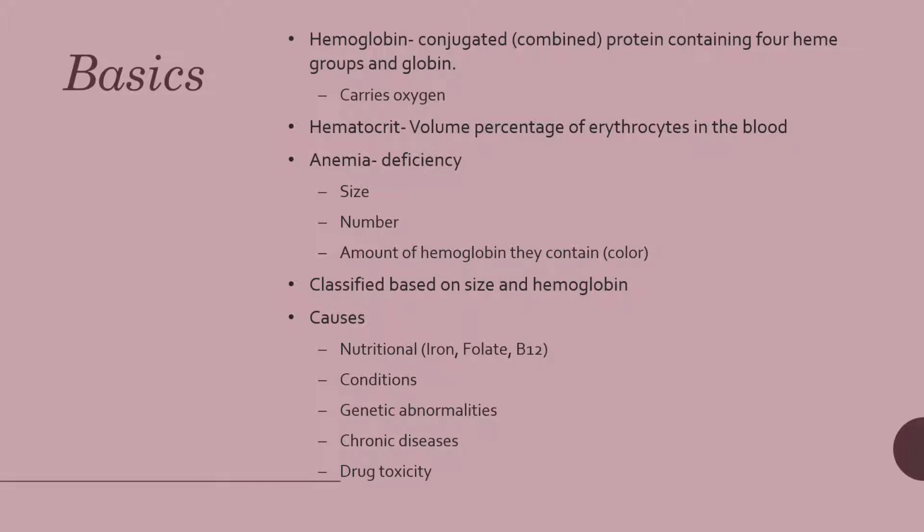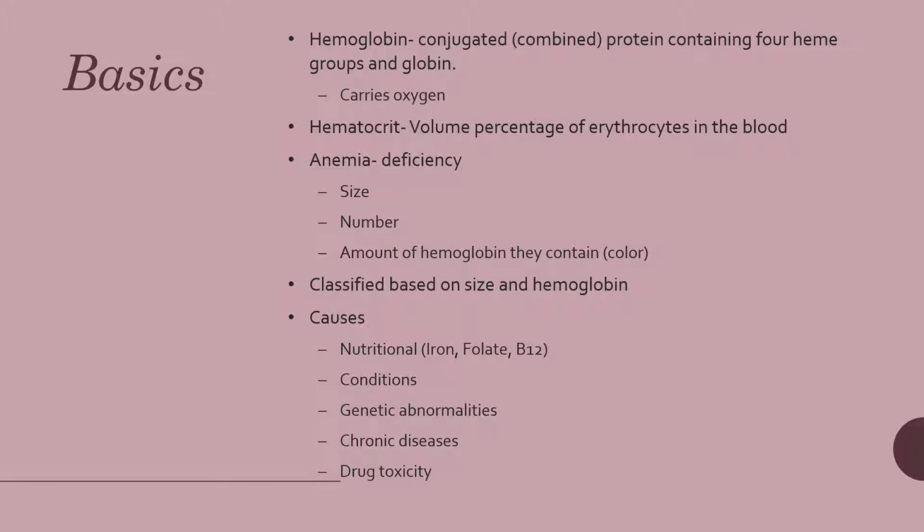So in looking at anemias, first of all, let's just remember that basically an anemia is suggesting that there's an inability to provide adequate oxygen to the tissues of the body.